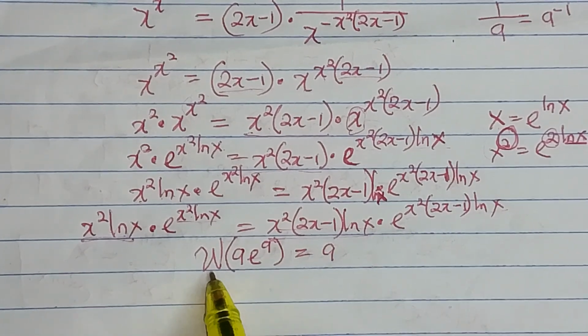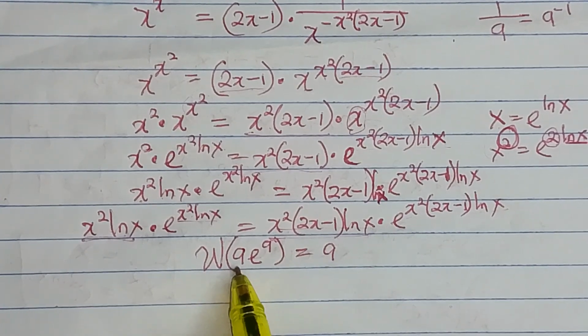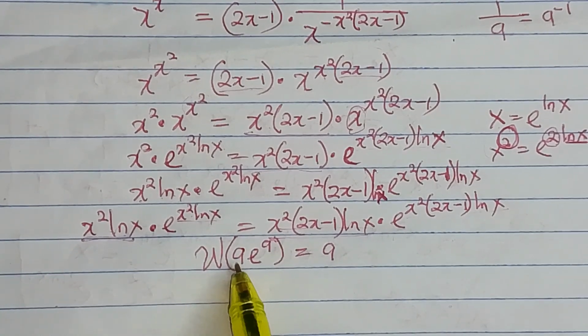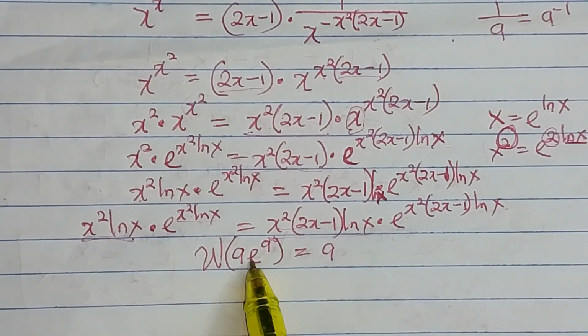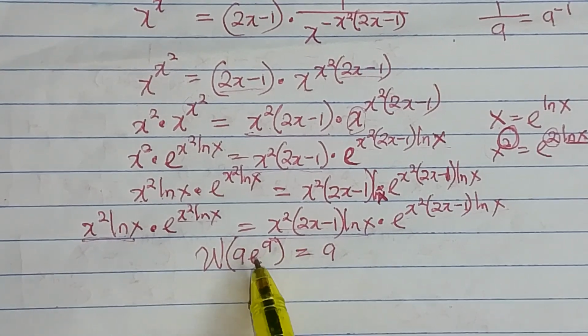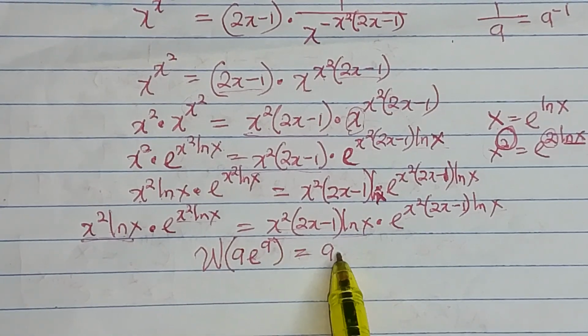Whenever we are looking for the Lambert W function of any expression such that the number a is multiplied by e to the power of that same number, it automatically becomes the number itself.